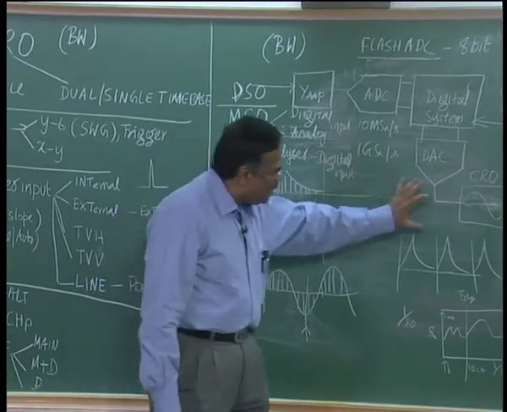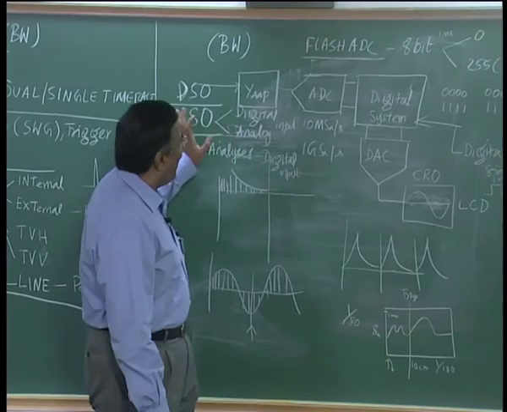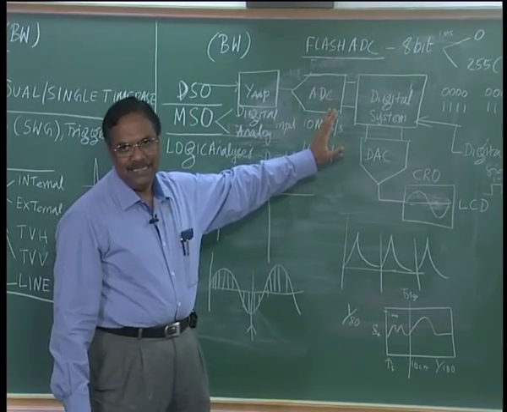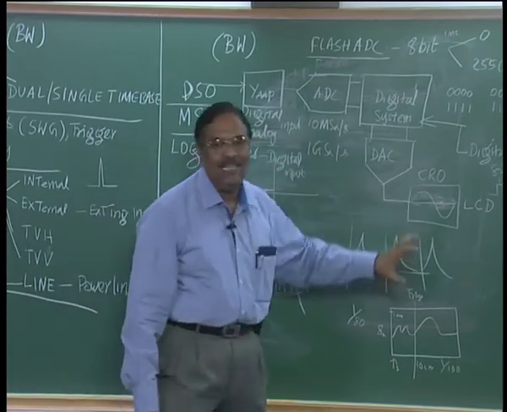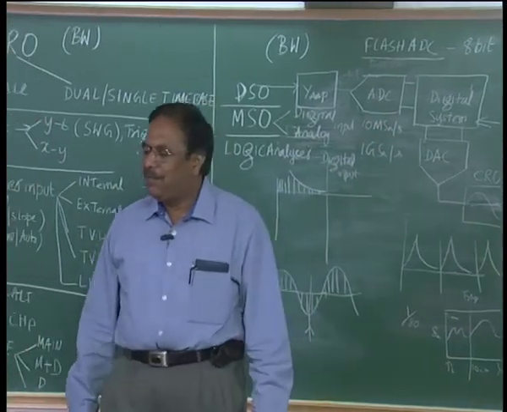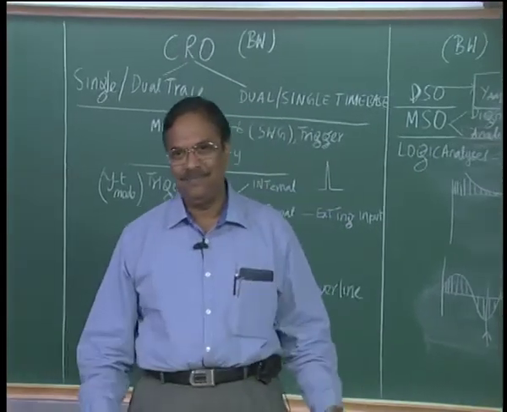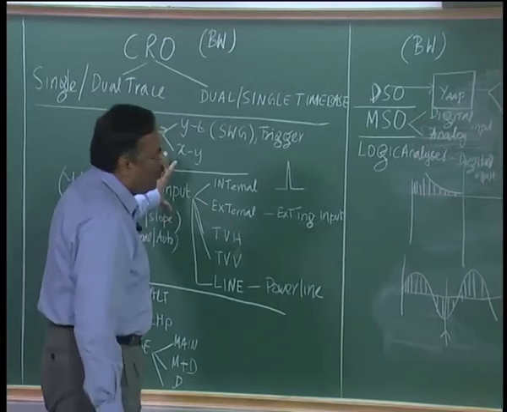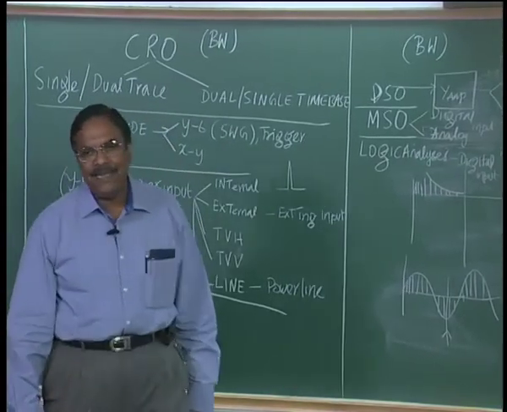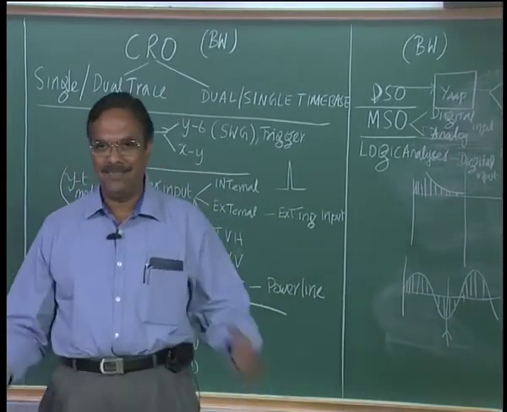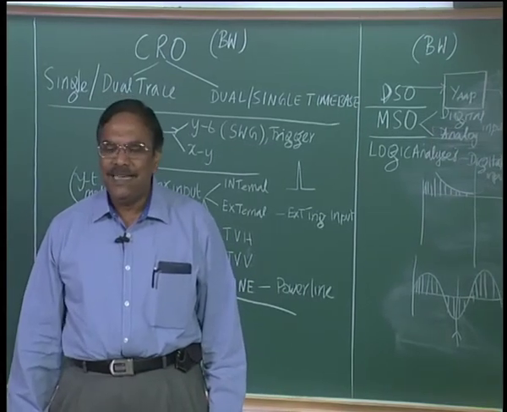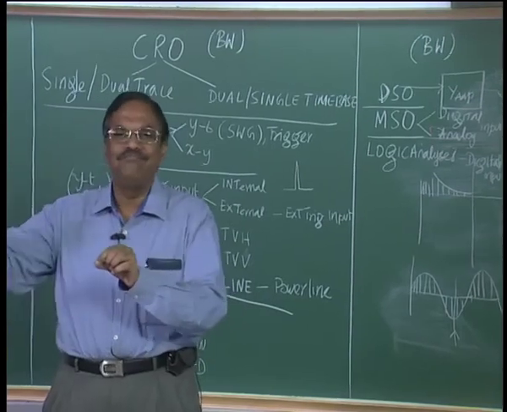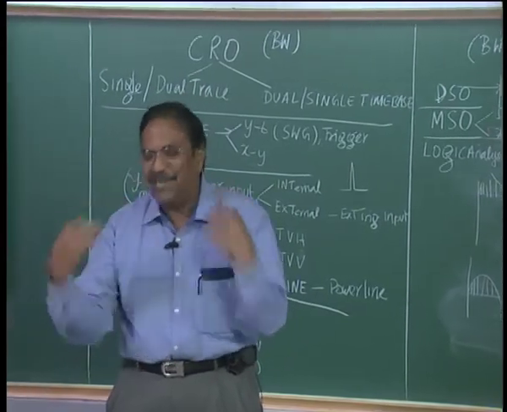But the most important thing is, however fast I acquire my signal on the digital front, the repetition rate that you see on the screen will be decided by the display system, right. In the analog oscilloscope, if I am operating at, let us say, 100 megahertz, which means every 100 nanoseconds I am writing one waveform because it has to be done at that time.